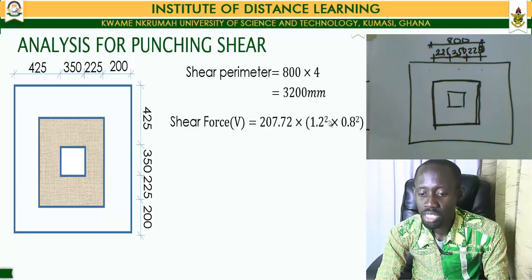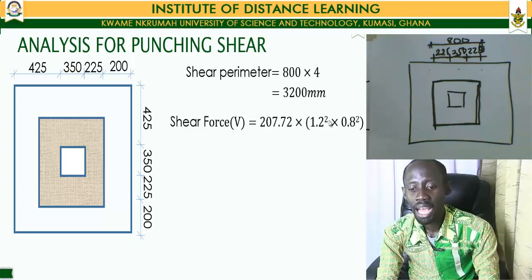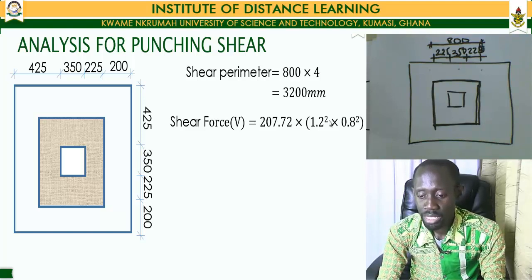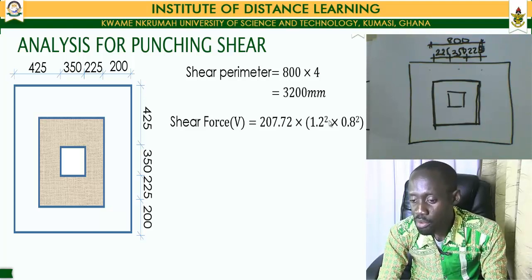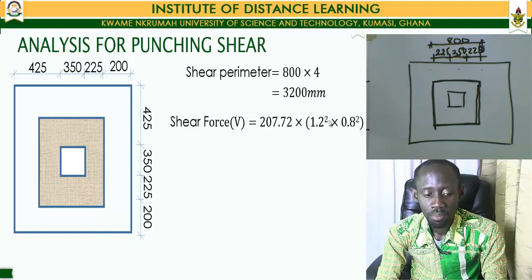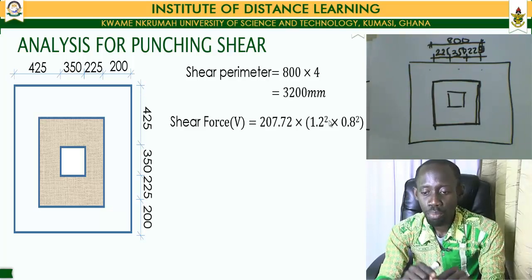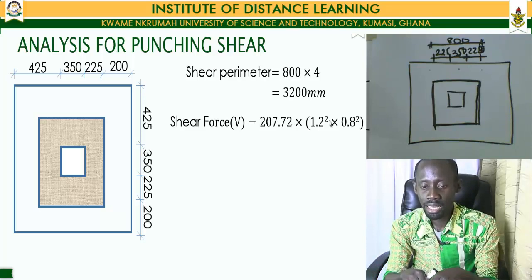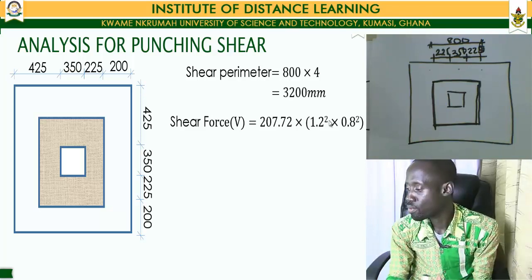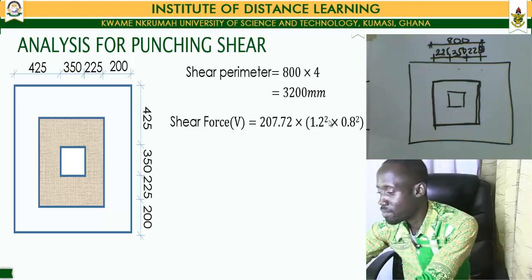force, which is equal to our stress, or our ultimate design pressure, multiplied by the area of our punching shear. And the area of our punching shear is the distance from our perimeter of our punching shear to the edge of our pad foundation.